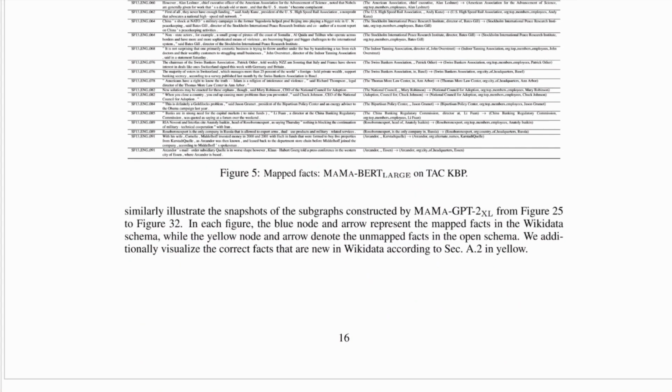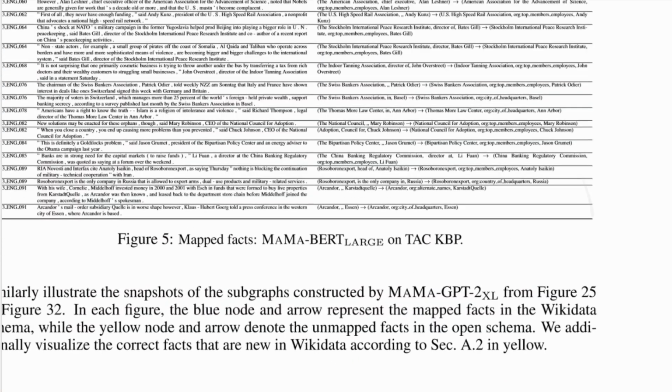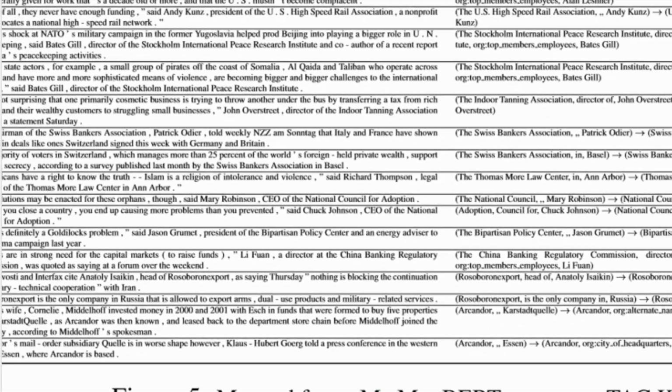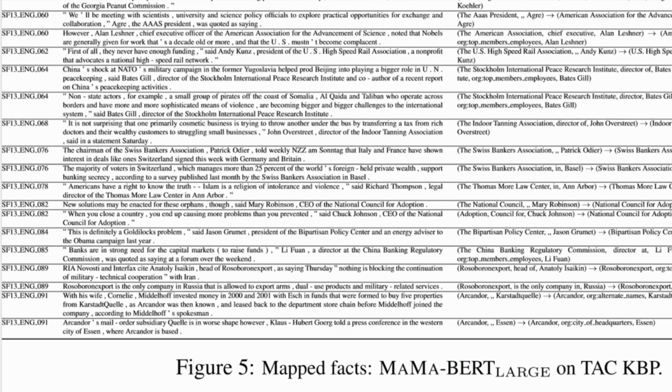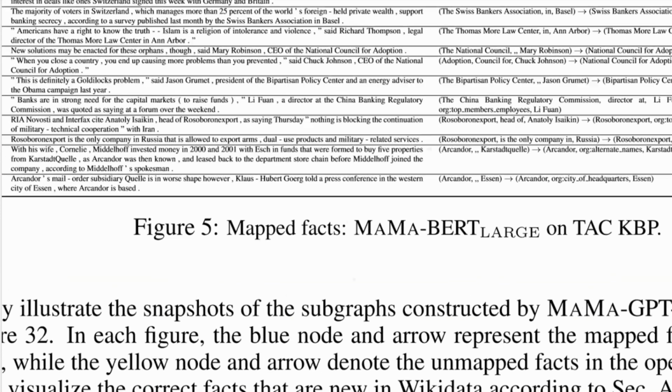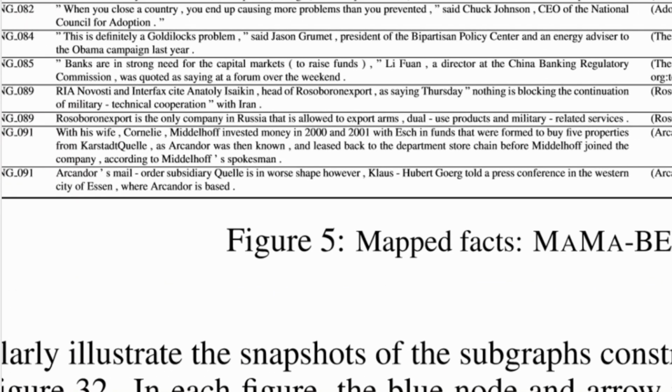Okay, so let's look at a bunch of mapped facts right here. You can maybe check out a lot of them yourself, but we'll just look at one in each category. Blah blah blah's mail, yada yada yada, is in worse shape.